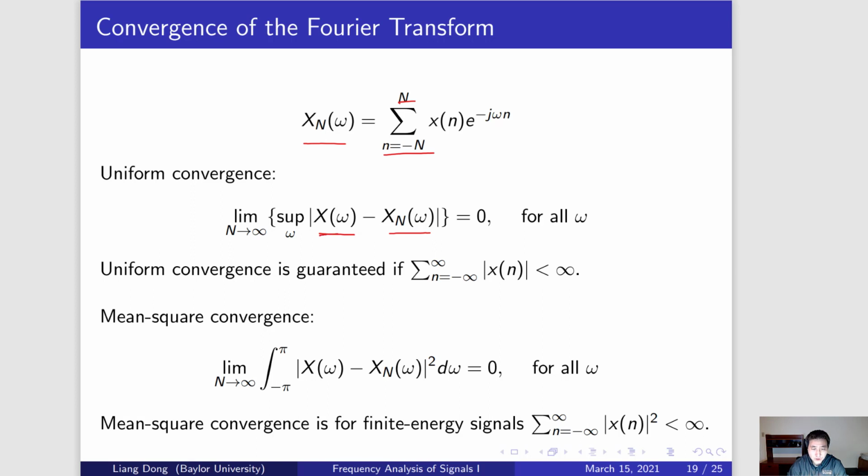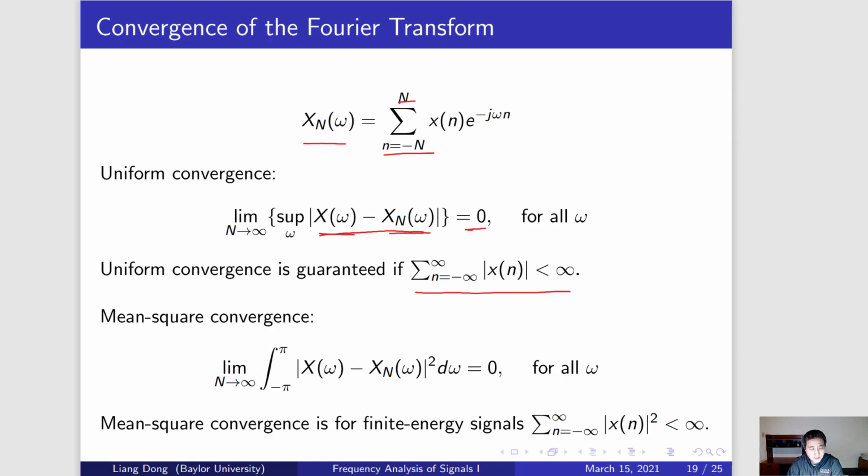If the supremum of the difference between these two over all frequency is 0, then this Fourier transform converges. Uniform convergence is guaranteed if the signal is absolutely summable. So we have this, and then we can find a convergent Fourier transform result.